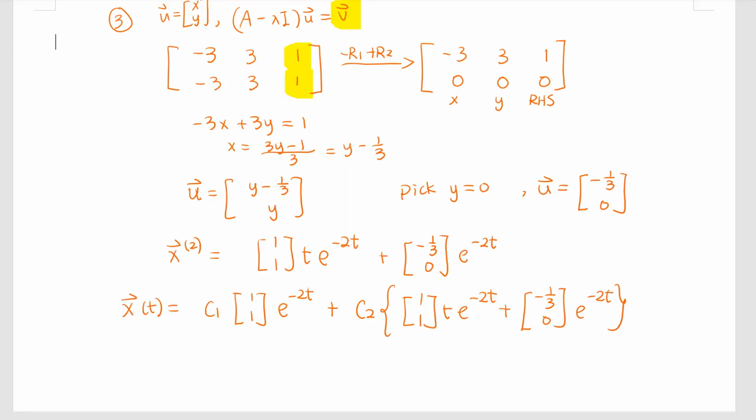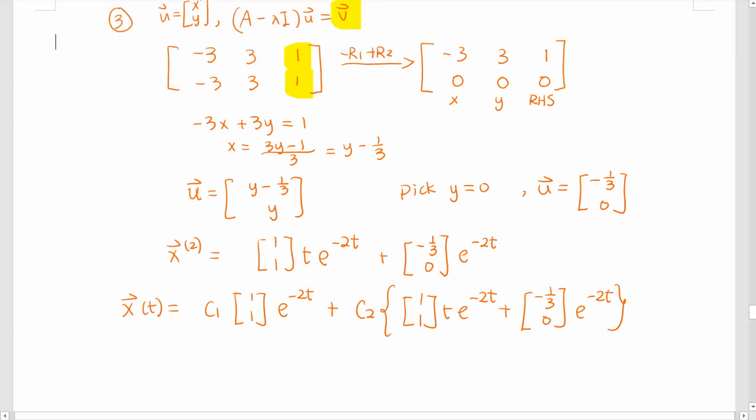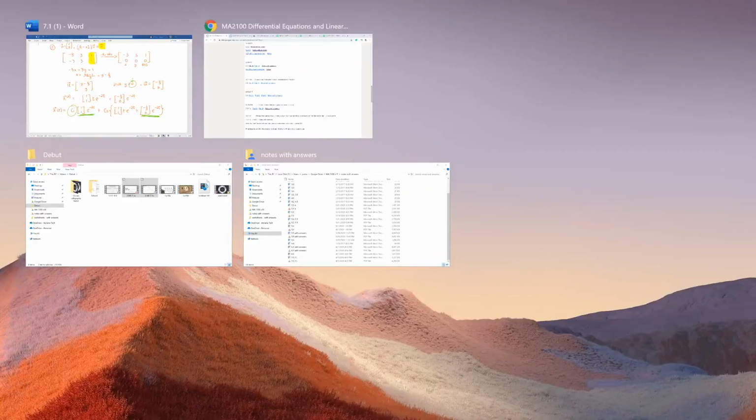Okay, so now I want you to look at this. Here we picked y is 0. What happens if we pick y is 1? You can think of it as using this one to add this one, because C1 can be any number.